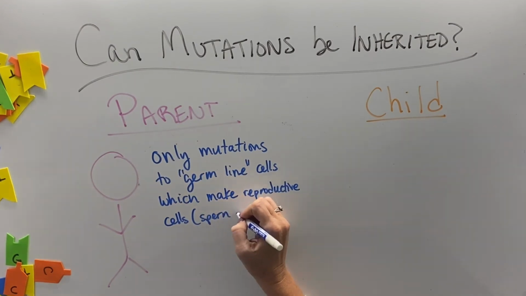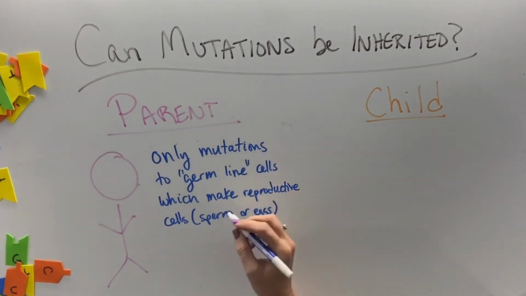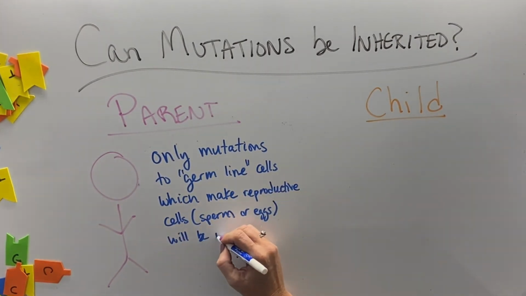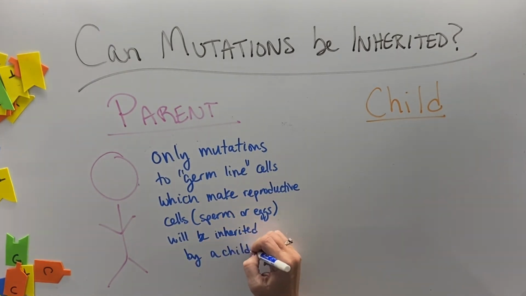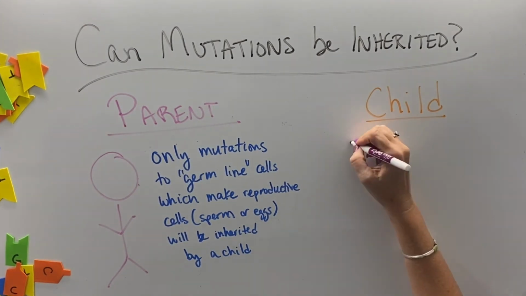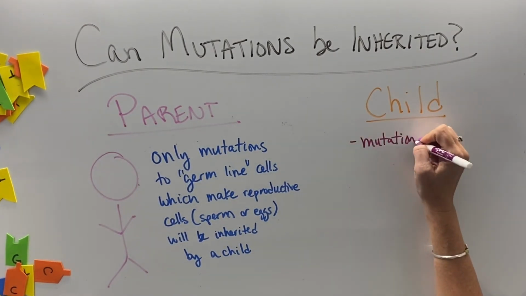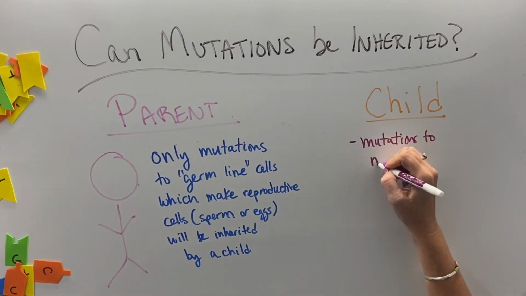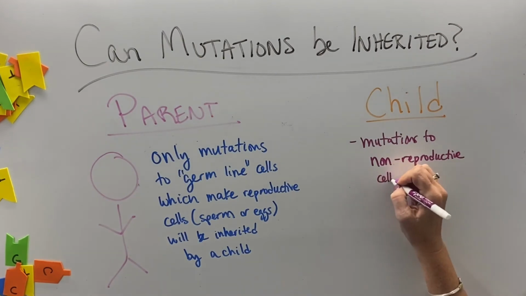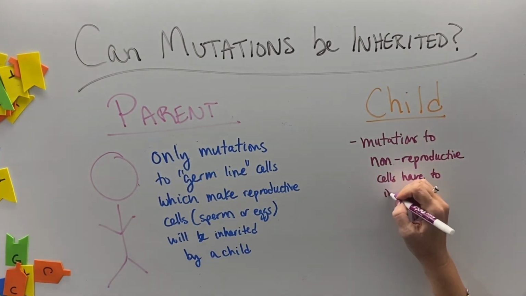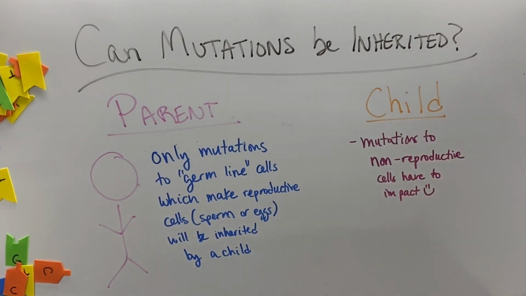So the sperm and the eggs have to contain the mutation in order for the child to be affected by that mutation. The child then is unaffected by mutations that happen to parents in other parts of their body after they're born, mutations that happen to the parent after the child is born, right? So non-reproductive cell mutations or reproductive cell mutations that happen after the child is born have no impact on the child.